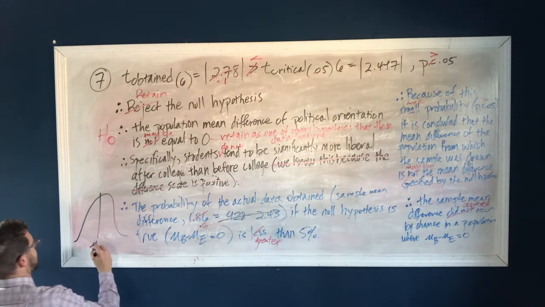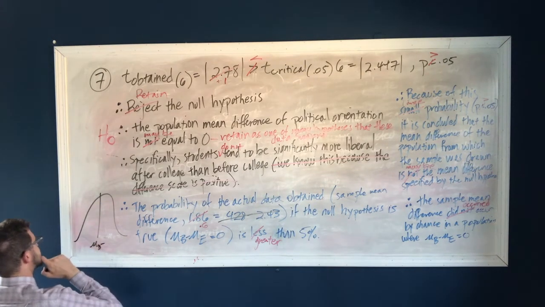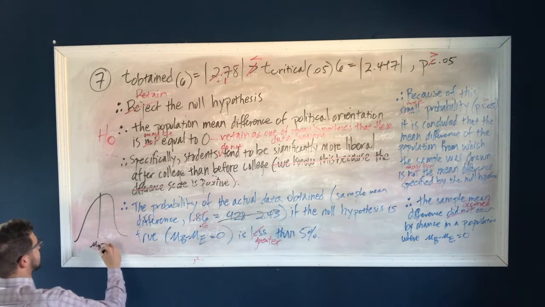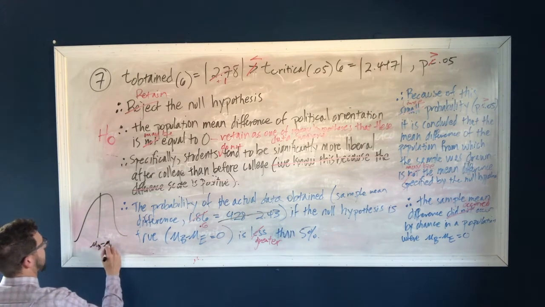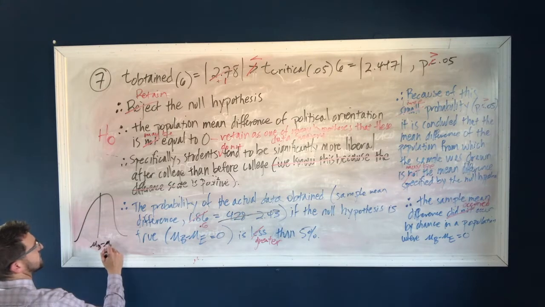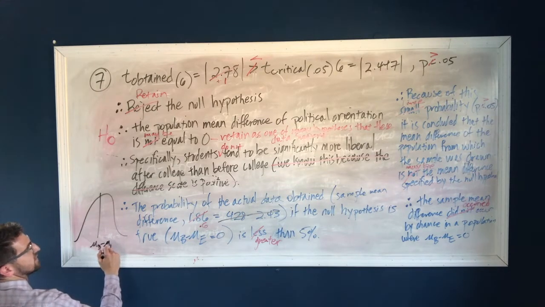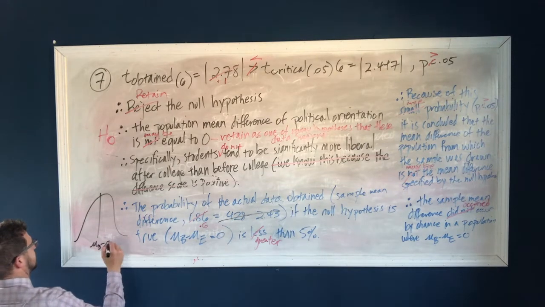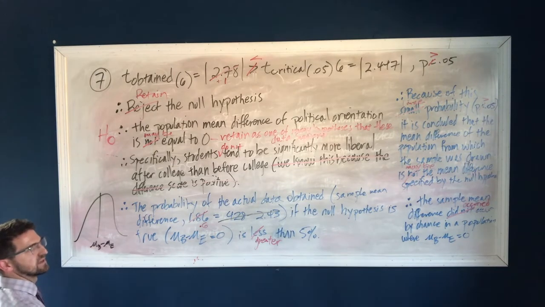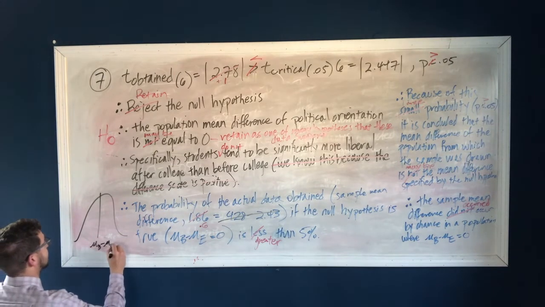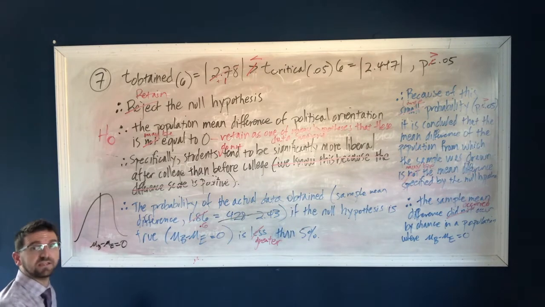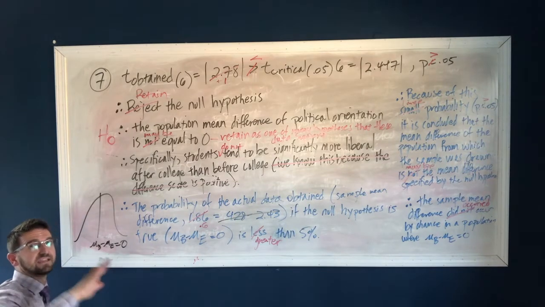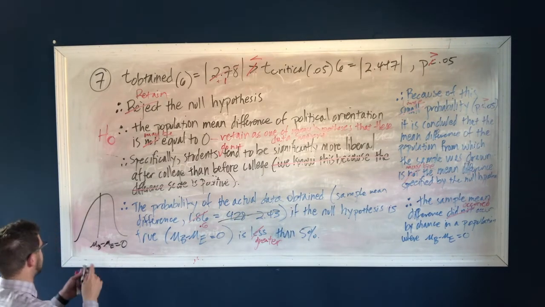So let's say the null hypothesis is true, the population mean political orientation before minus the population mean political orientation at the end of college is equal to 0. So the null hypothesis is saying there's no difference, there's no change.